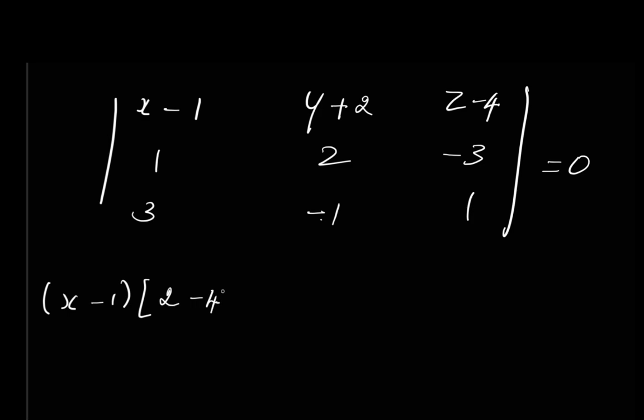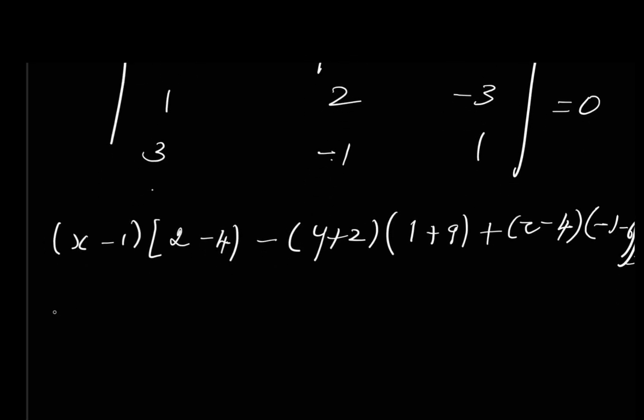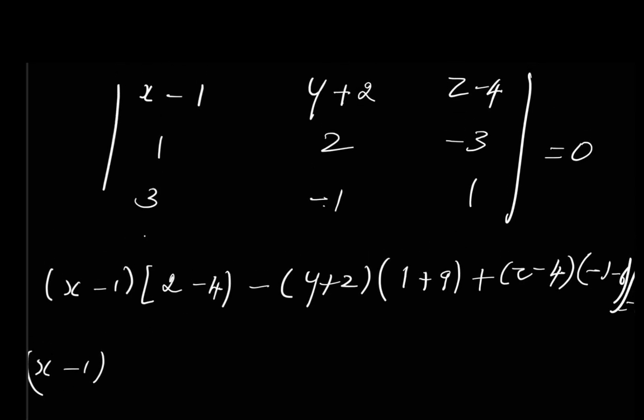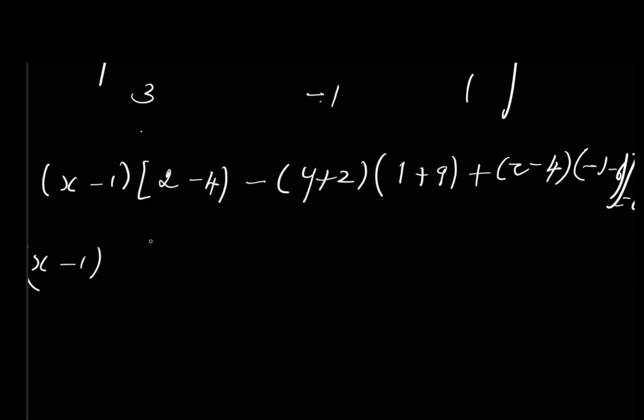So, 2 minus 4 minus y plus 2 into, leave off this row and column, 1 1s are 1, 3 3s are 9, minus 9, so plus 9, plus z minus 4 into, leave off this row and column, you will get minus 1. 3 2s are 6 minus 6 is equal to 0. Simplify this, x minus 1 into minus 2.